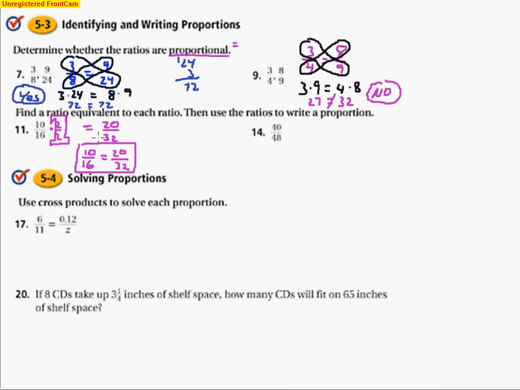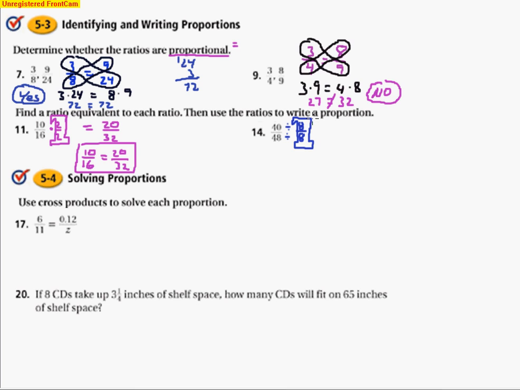Well, another example here, we've got 40/48. What we can do is, instead of multiplying, I can divide. You don't have to multiply each time. You can divide by a factor of 1. So here, I'm going to divide this number by, let's go with 8. And I'm going to divide this number also by 8. And you see, 8/8 still is another factor of 1, another way to write 1.